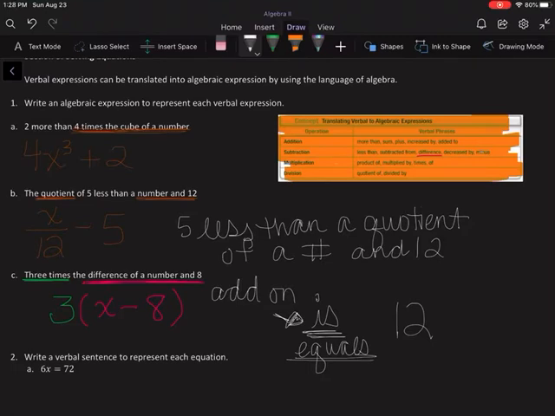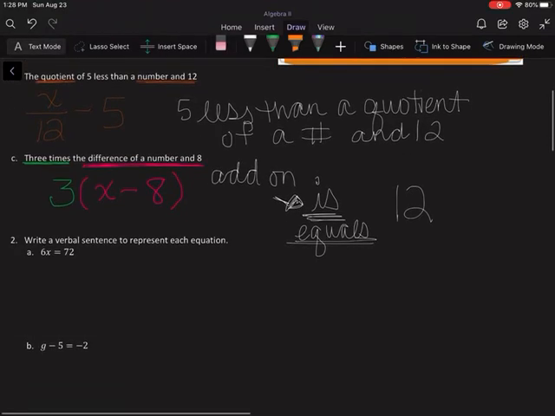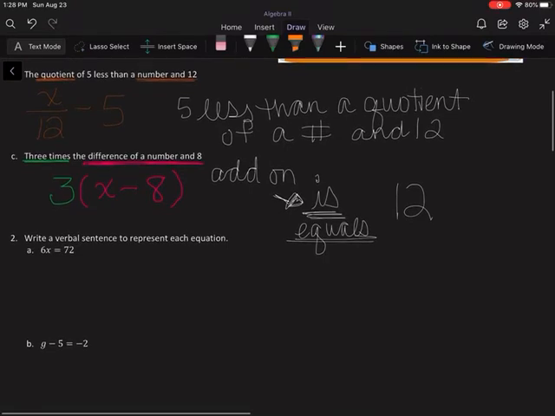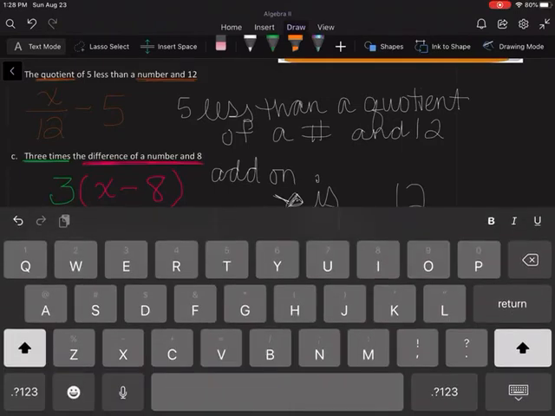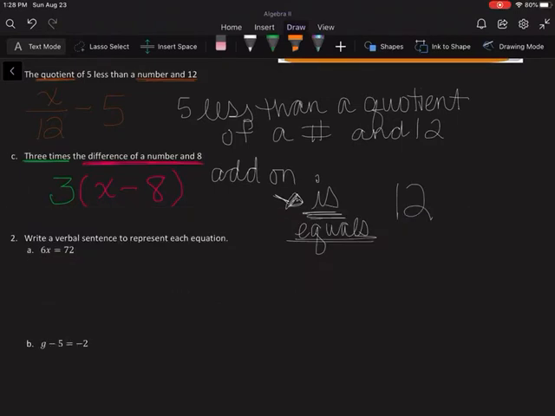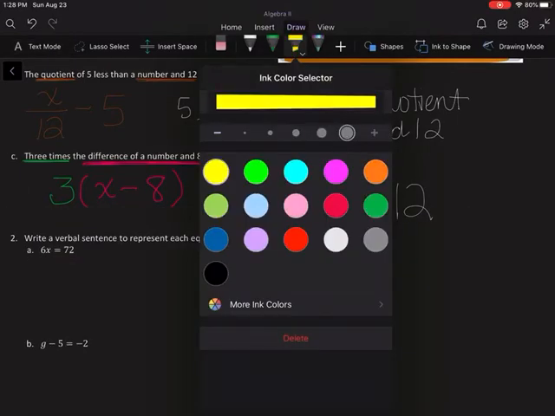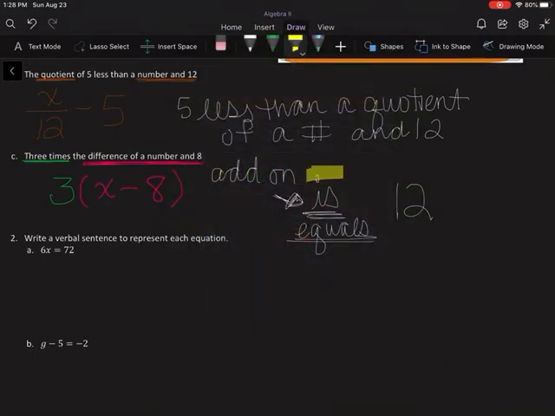All right? And that's essentially what we're about to translate into words: these equations. A verbal sentence to represent each equation. So we need to use is or equals. We need to use one of these words for an equation.